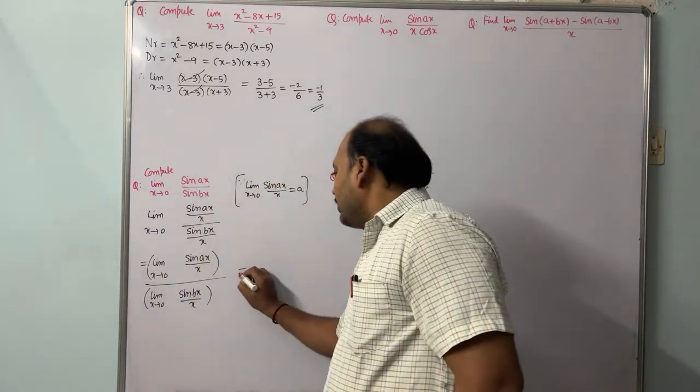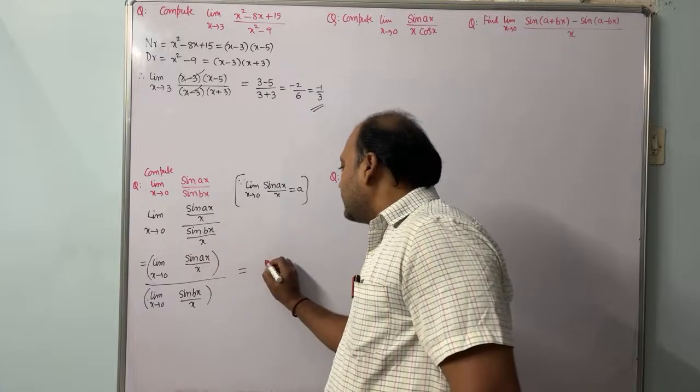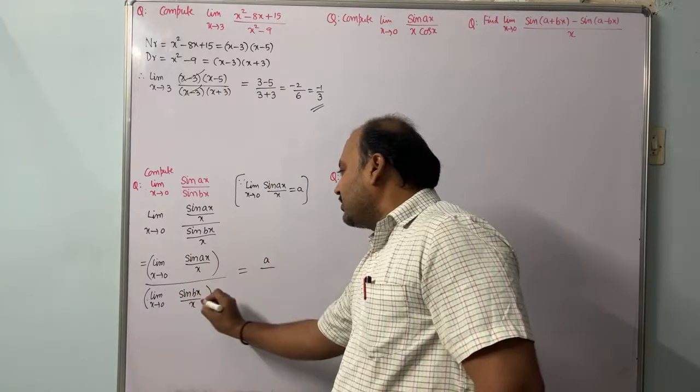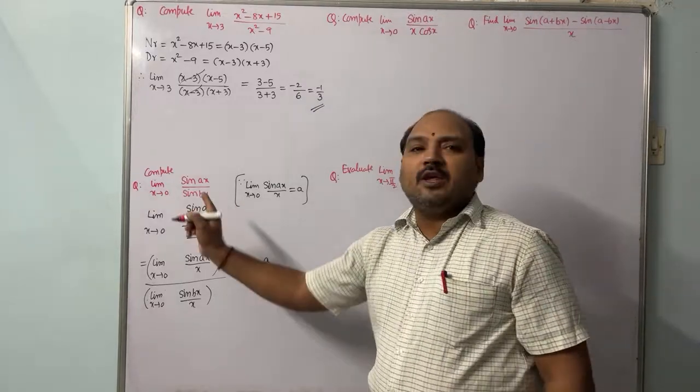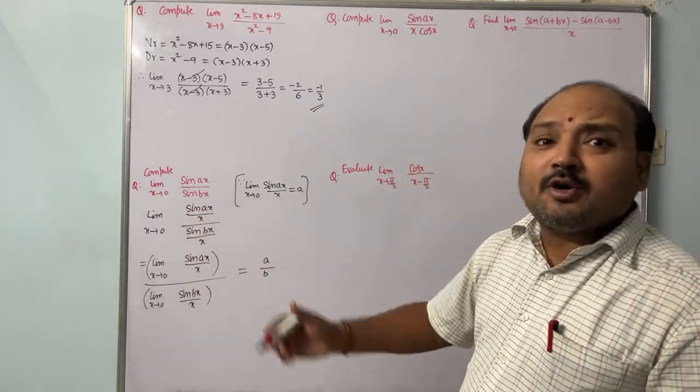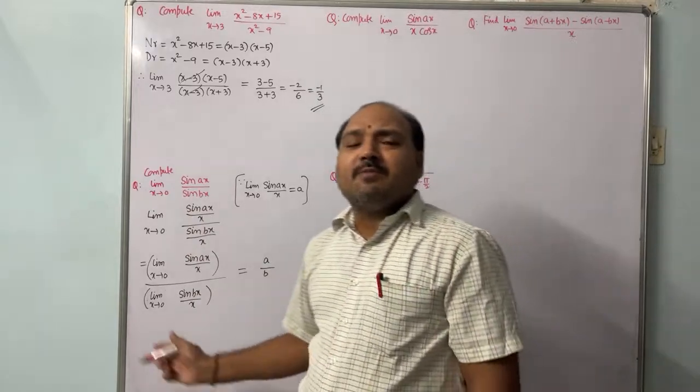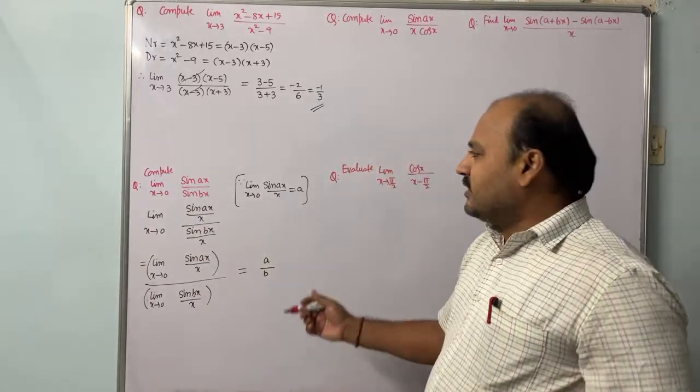So limit x tends to 0, sin ax by x is equal to a, divided by limit x tends to 0, sin bx by x equal to b. So which is equal to a by b. You can remember it as a shortcut formula for competitive exams, dear students. A number of videos I have already done, you can see that.